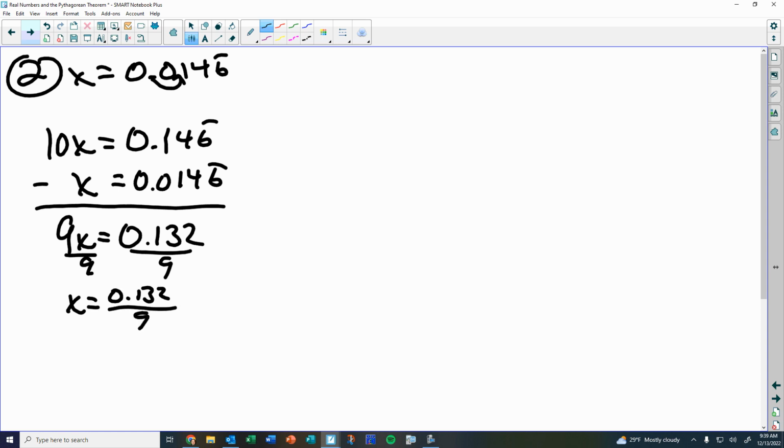Now, we could go through and get this into 132 over 9,000, but use the calculator for your help. So take 0.132. We're going to kind of walk through this right now. 0.132 divided by 9, you get a decimal, right? And now take this and convert it to a fraction.